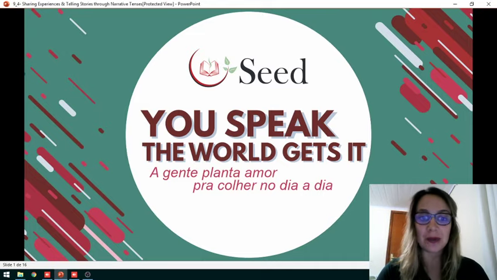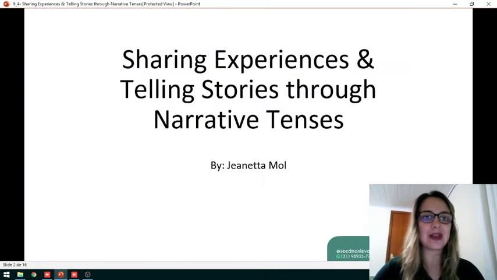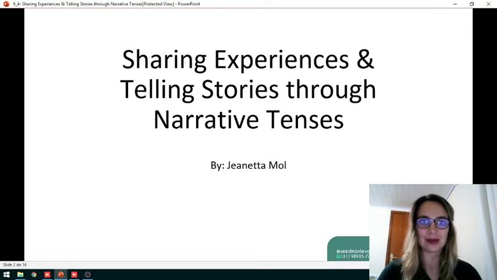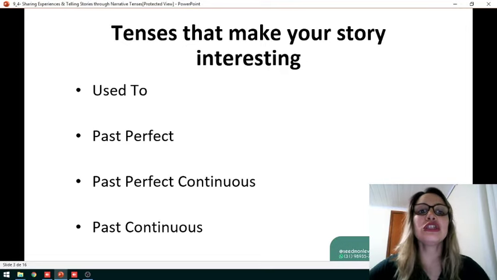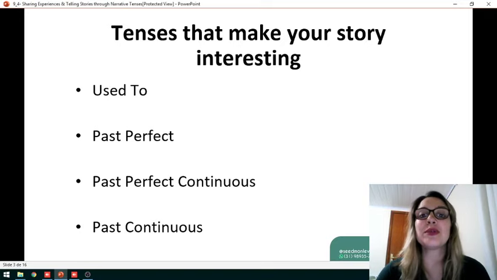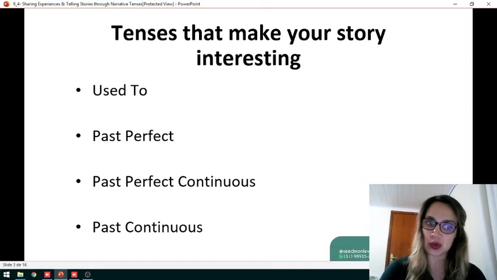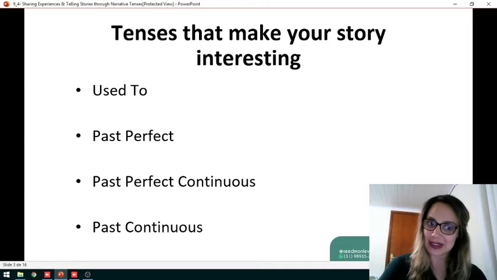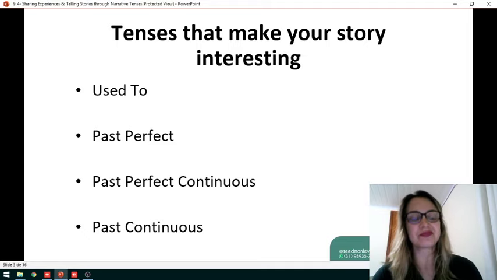So today we are going to be talking about sharing experiences and telling stories through narrative tenses. Some common tenses that we use to make our stories more interesting are used to, the past perfect, the past perfect continuous, and the past continuous.